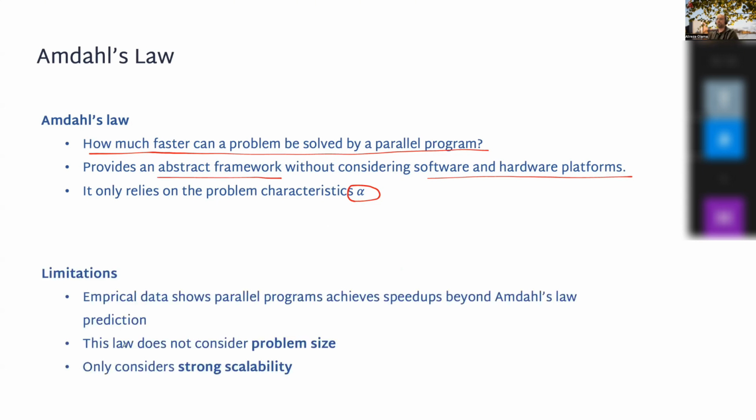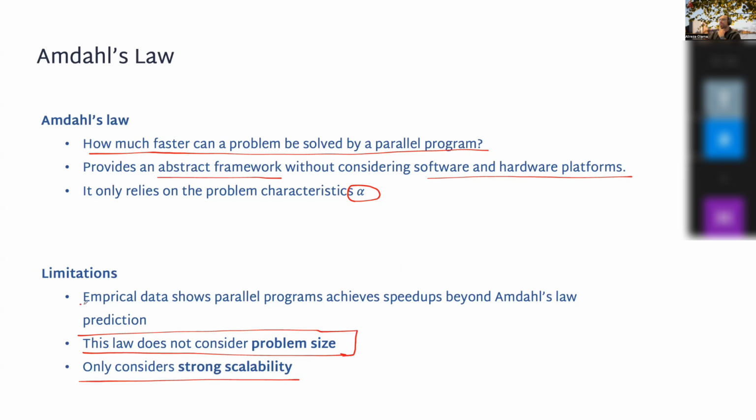The most important one is this: unfortunately, in Amdahl's law, the problem size is fixed and it doesn't consider the problem size being scaled with the number of cores. So it is only useful when you want to measure strong scalability, not weak scalability, right?